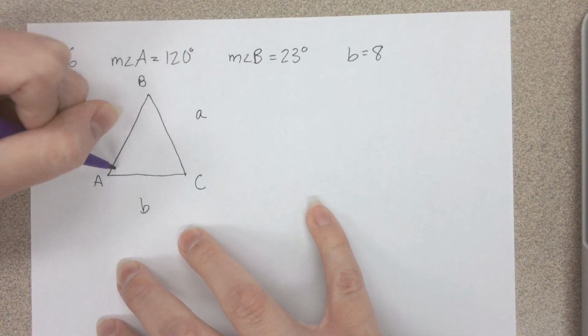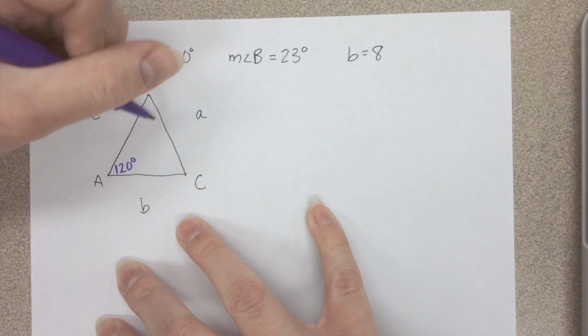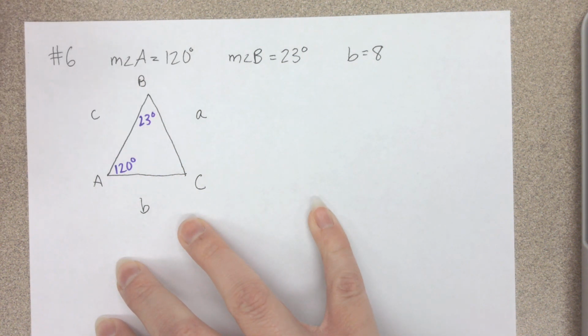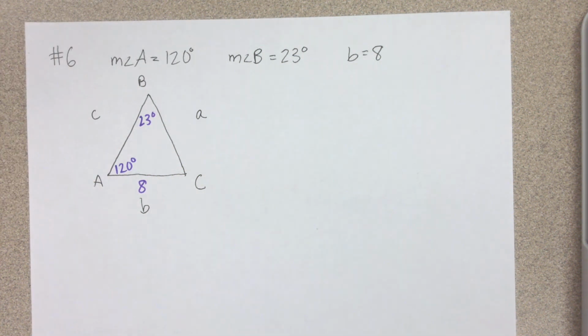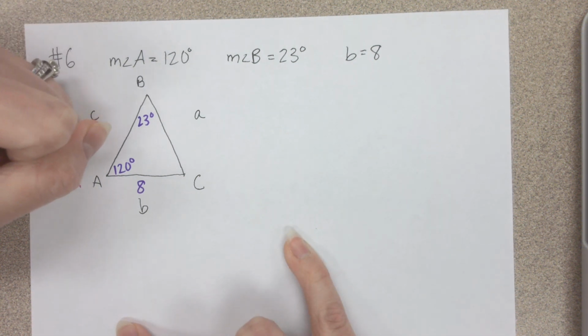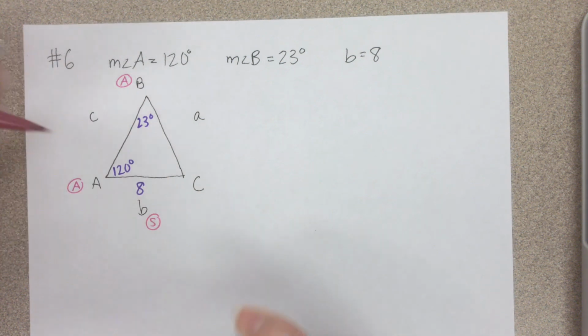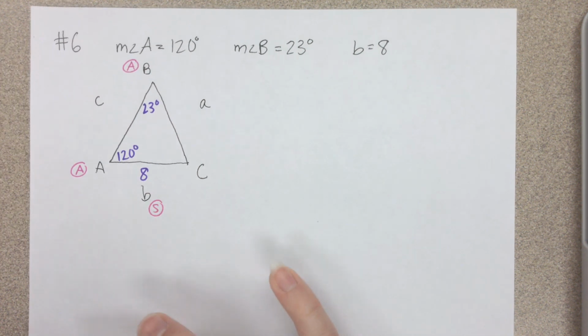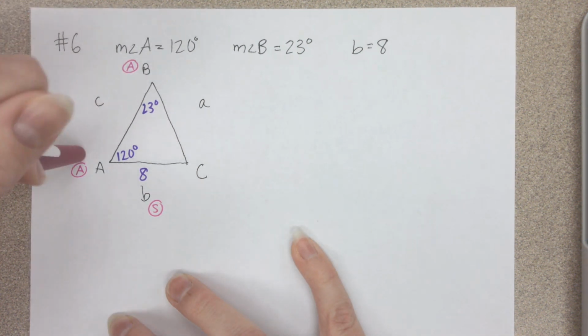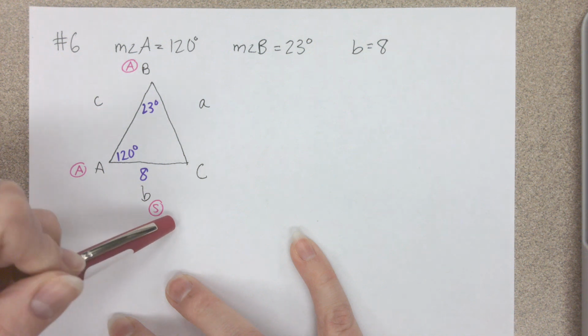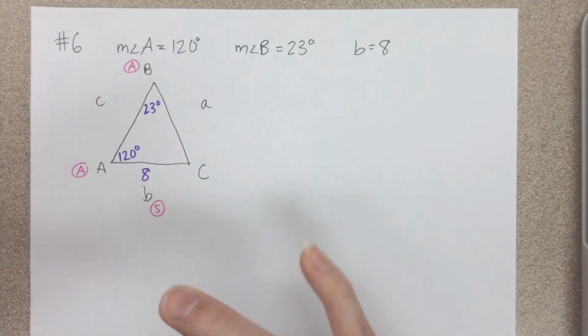Filling in, angle A is 120, angle B is 23 degrees, and side B is 8. Let's classify first. I have an angle here, and a side here. So we have the A's are next to each other, and this side is kind of off by itself. This is the AAS case.